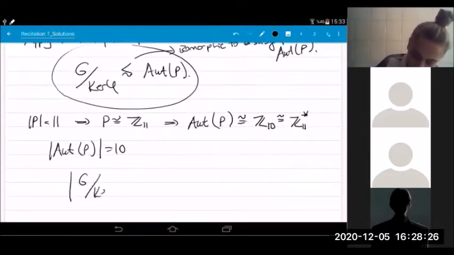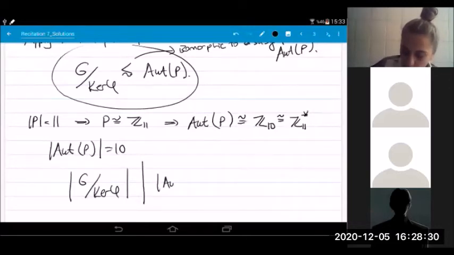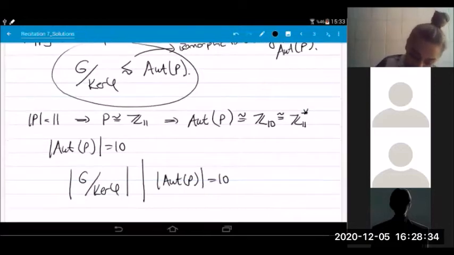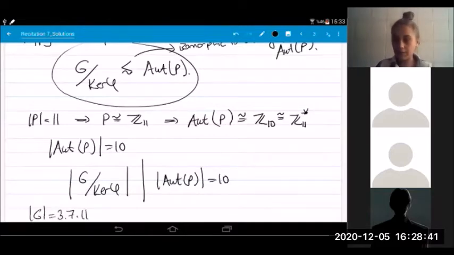G over kernel phi, the order of this group, has to divide the order of the automorphism group of P, which is 10. But we know that the order of G is decomposed as 3, 7, and 11. And the order of G over kernel phi also contains divisors such as 3 or 7 or 11, but at the same time, it has to divide 10.